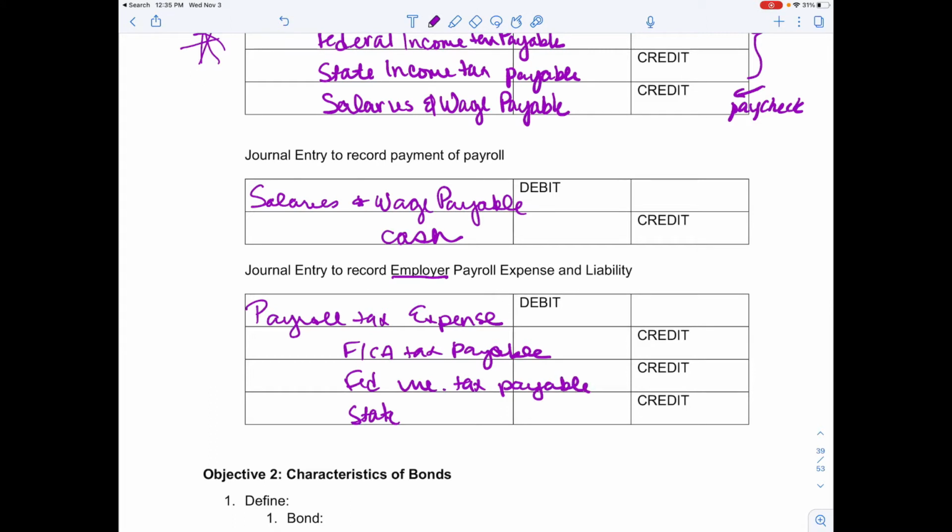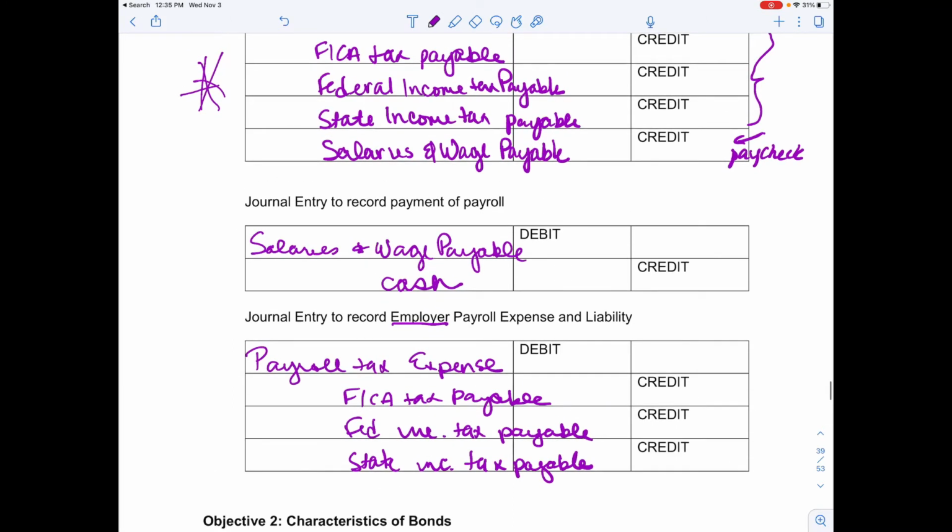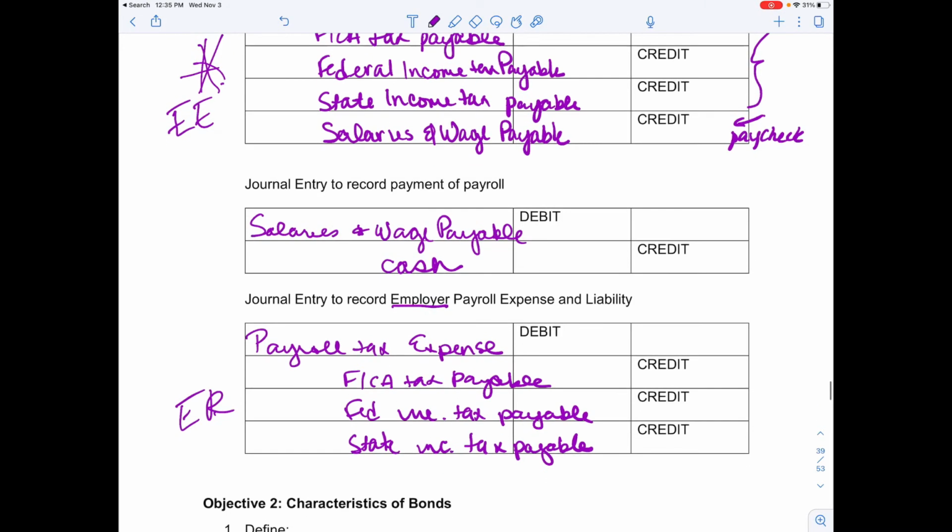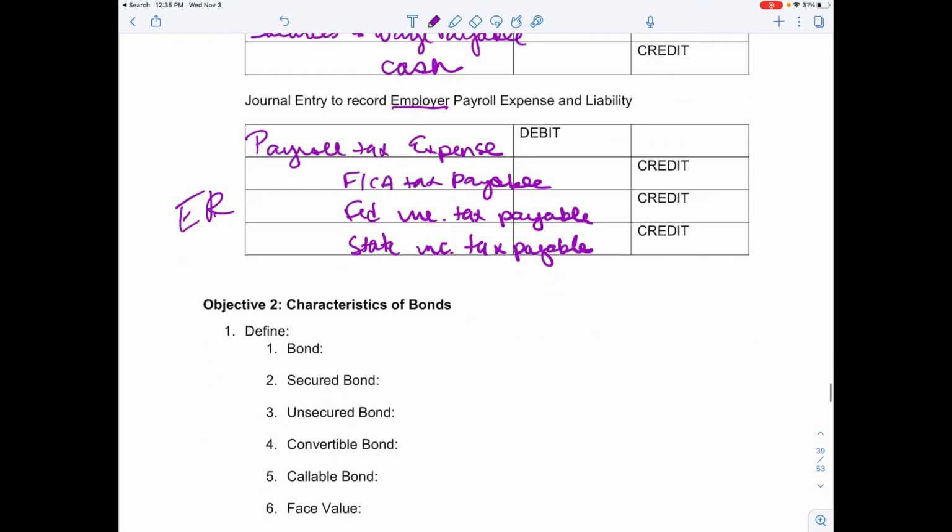And the last one is that state income tax payable. So remember, although these two journal entries here and here look the same, this one has the employee contributions, this one has the employer contributions. So we do need both of them.